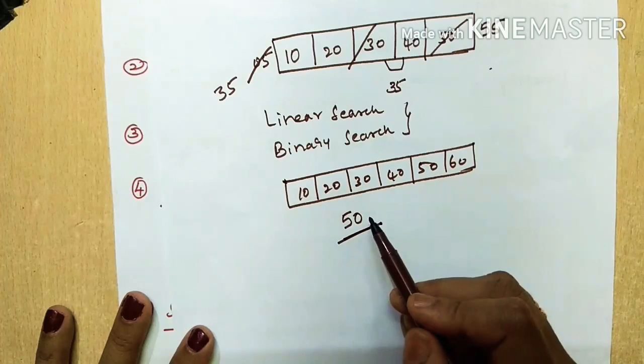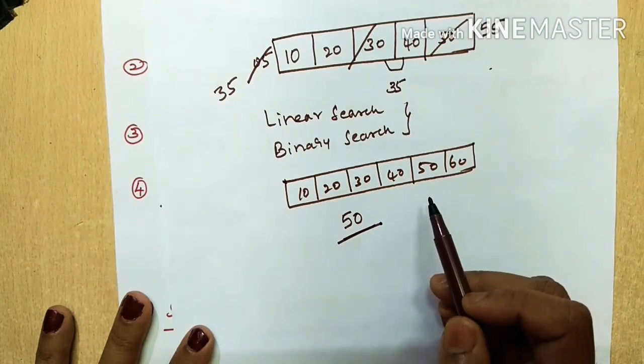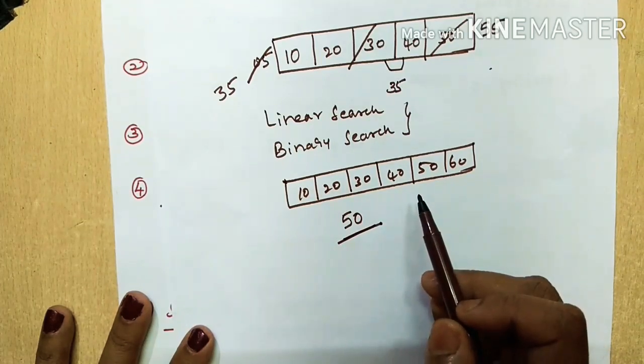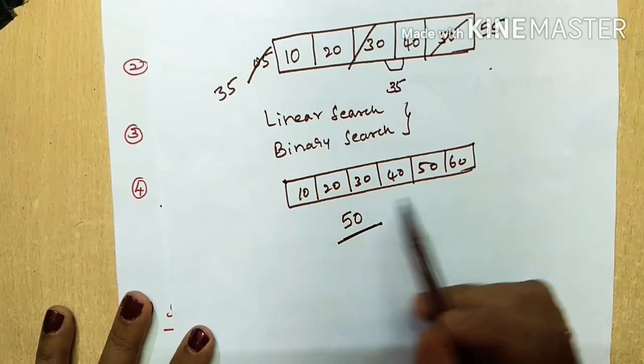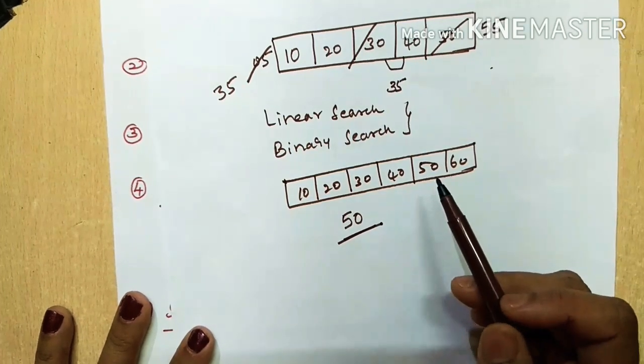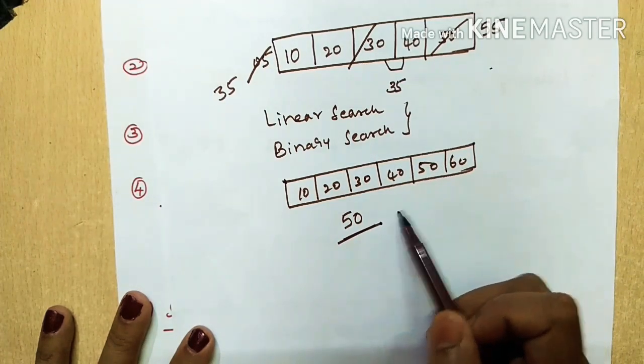If it is available, in which location it is available. How fast I can locate the position. All this comes under the searching process. We will discuss these two methods along with examples in the next videos.